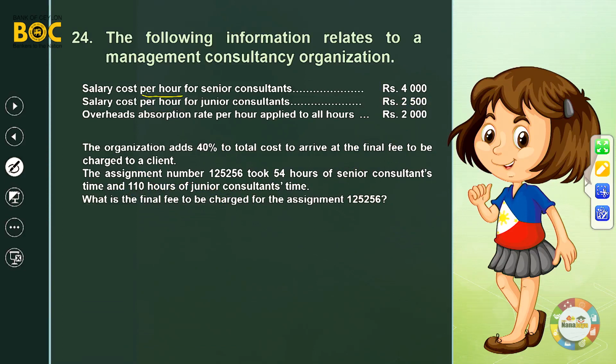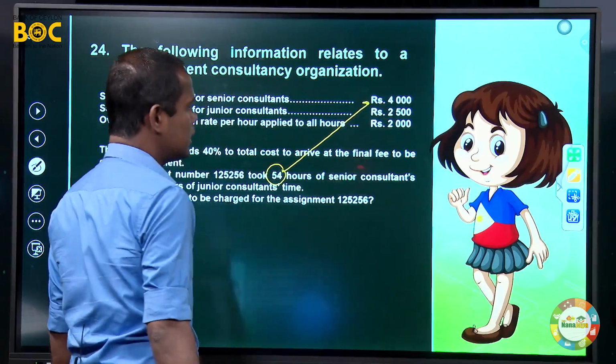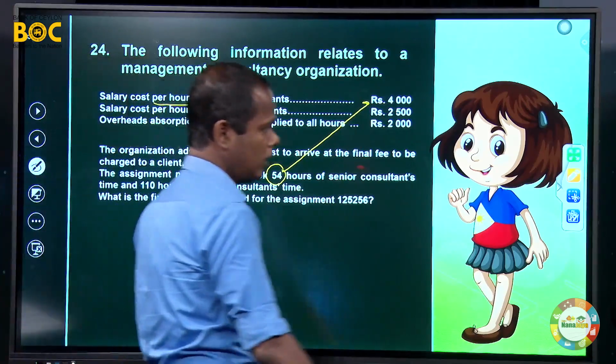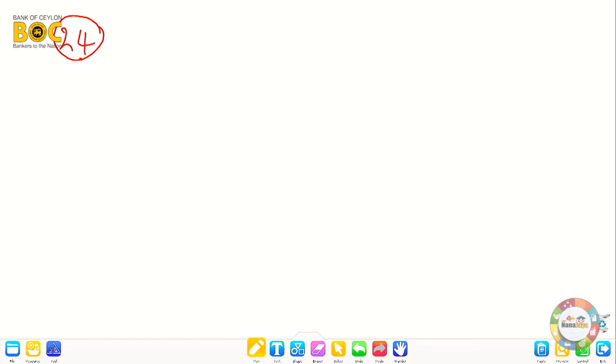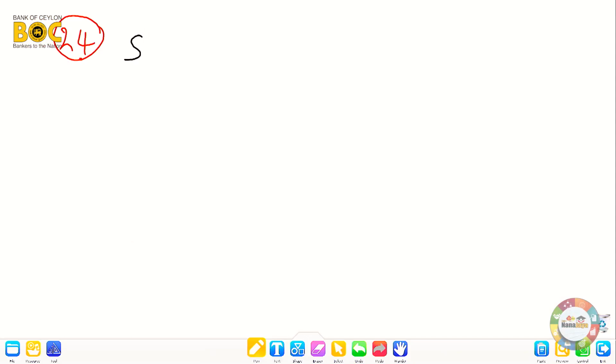How many hours have they taken? 54 hours by the senior consultant. The project fee for the senior consultant is 4,000 per hour, and they have taken 54 hours.